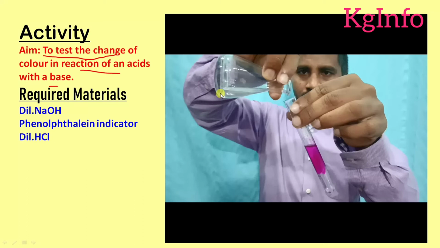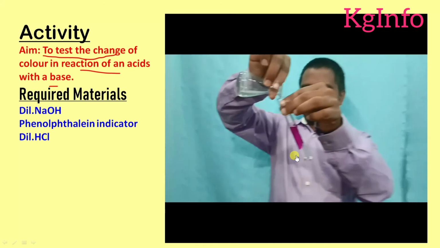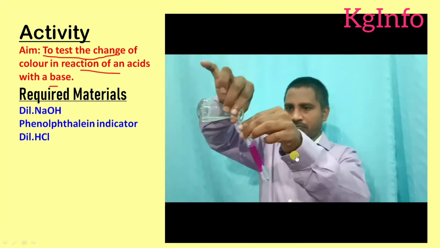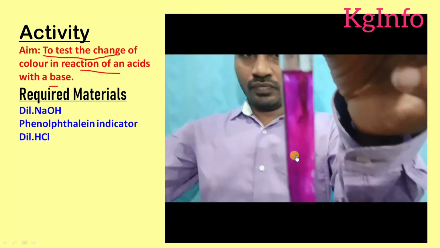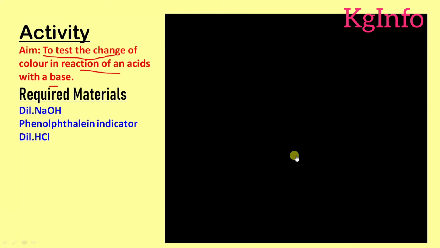By adding the basic solution sodium hydroxide to this mixture, the basic property increases. Whenever the basic property increases, the pink color appears again. So this is the best example of an acid base reaction, children. We clearly understand that acid and base react with each other and form a neutralization compound.